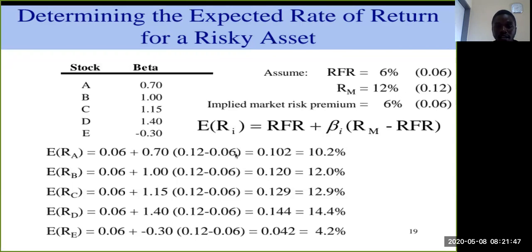So in subtracting, let me go backwards. We've got the risk-free interest of 6%.